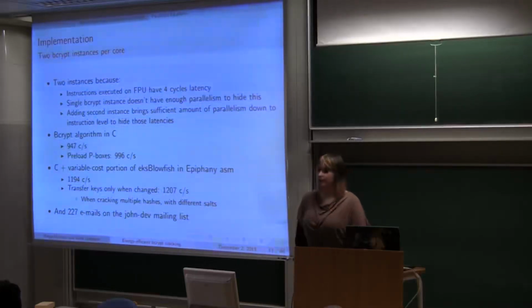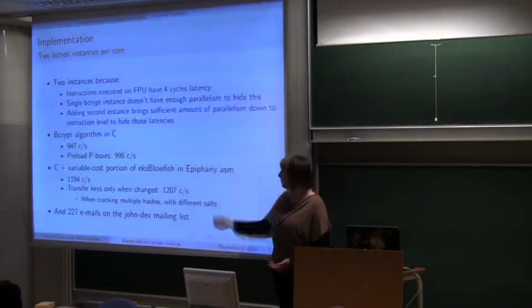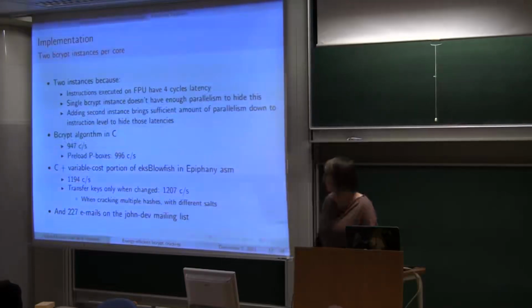Then we preloaded the P entries, because they are used in every iteration of replacing S-box entries. And the compiler was fine with preloading that in 36 registers. So the performance was almost 1,000 cracks per second.